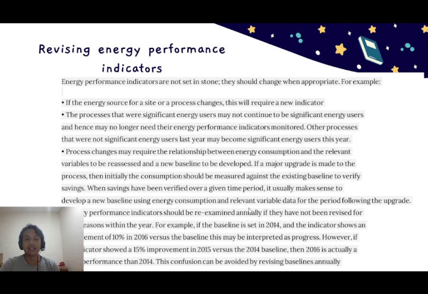However, if the indicator shows a 15% improvement in 2015 versus the 2014 baseline, 2016 is actually worse performance than 2015. This confusion can be avoided by revising the baseline annually.